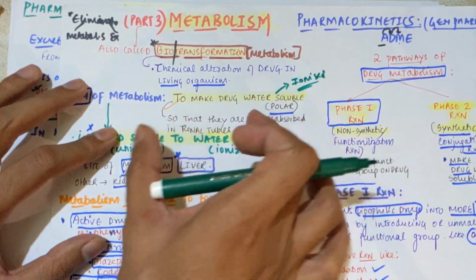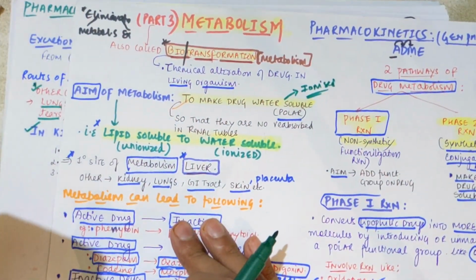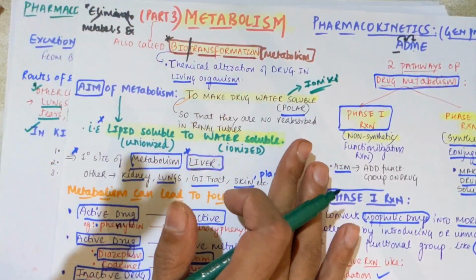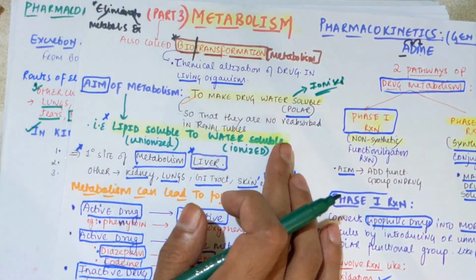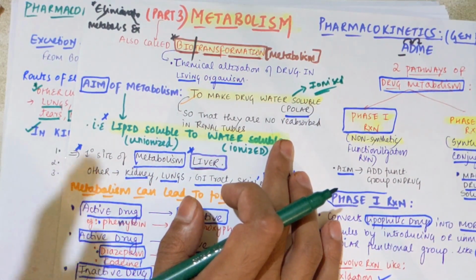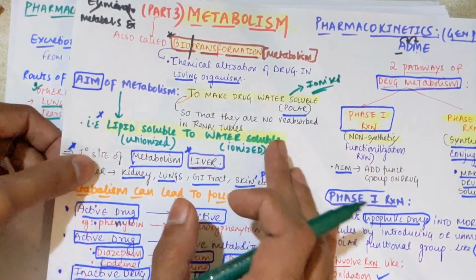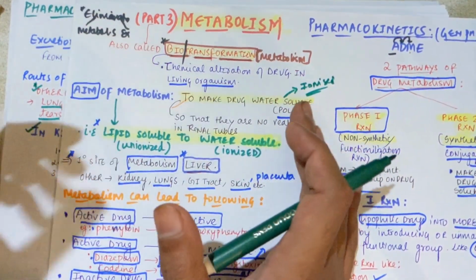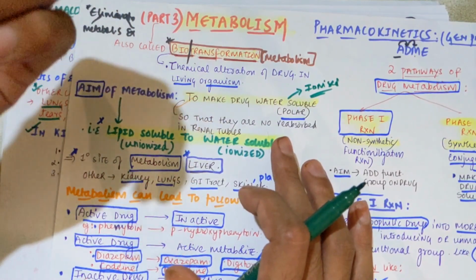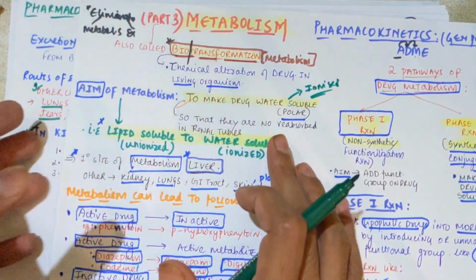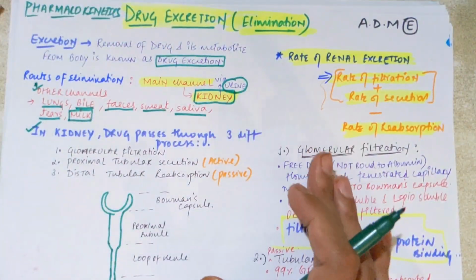Why do we have to make the drug water soluble? So that it does not get reabsorbed into the systemic circulation through the renal tubules. That was the main aim of metabolism. Now metabolism has done its work, and this water soluble metabolite will be excreted out.